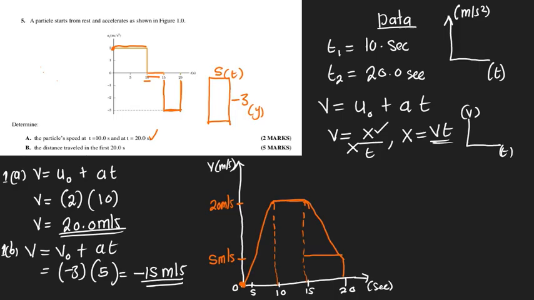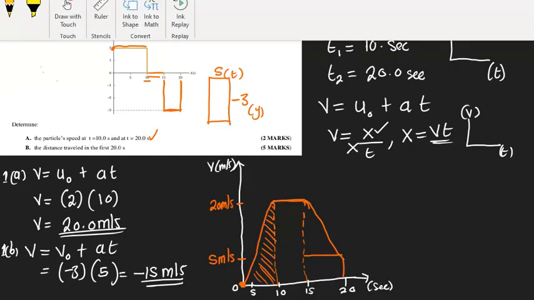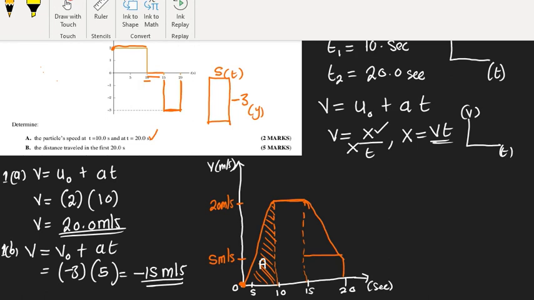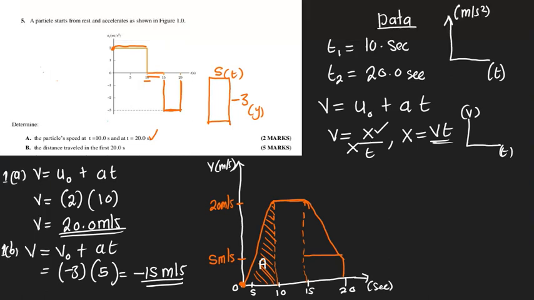Now, I'm going to have this particular area, which is some shape. I can name this particular area as area A. Then I'm going to have another area, which is going to be here. This is another shape.